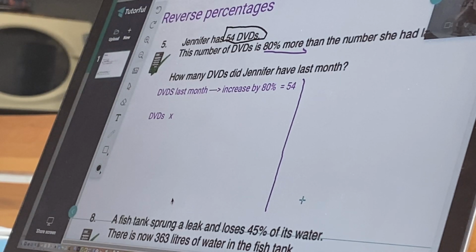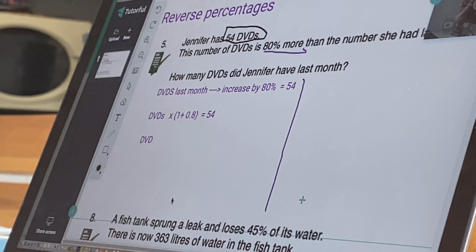It's an increase, which means we have 100% plus 80%, so we times it by 1.8, and that will give us 54. So to work out how many DVDs you had last month, we need to do the opposite. Divide through by 1.8.